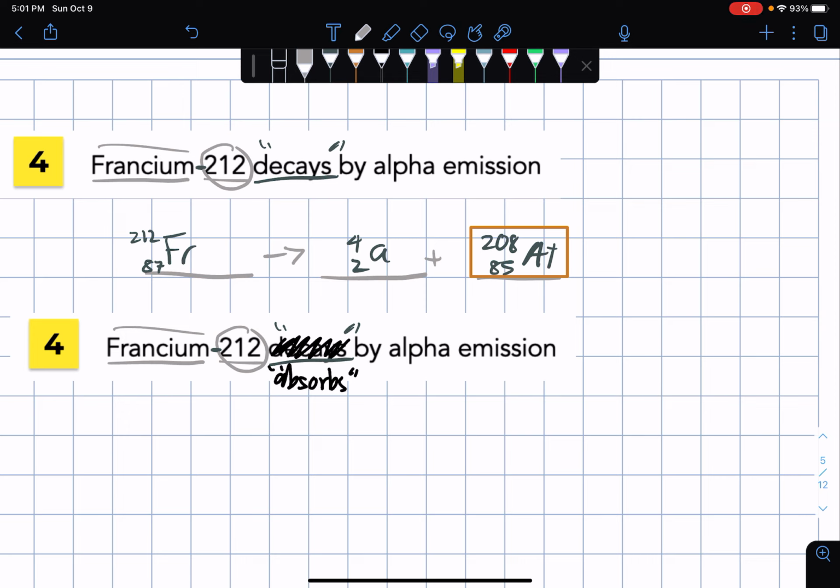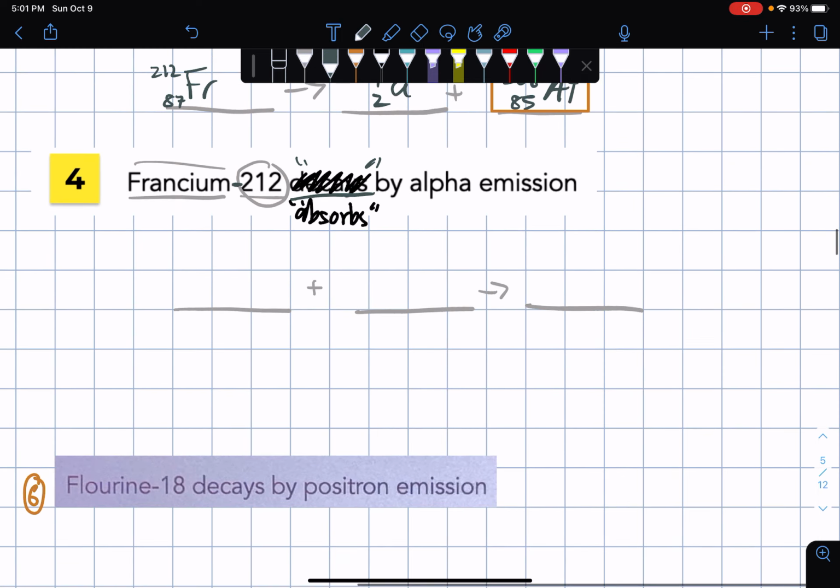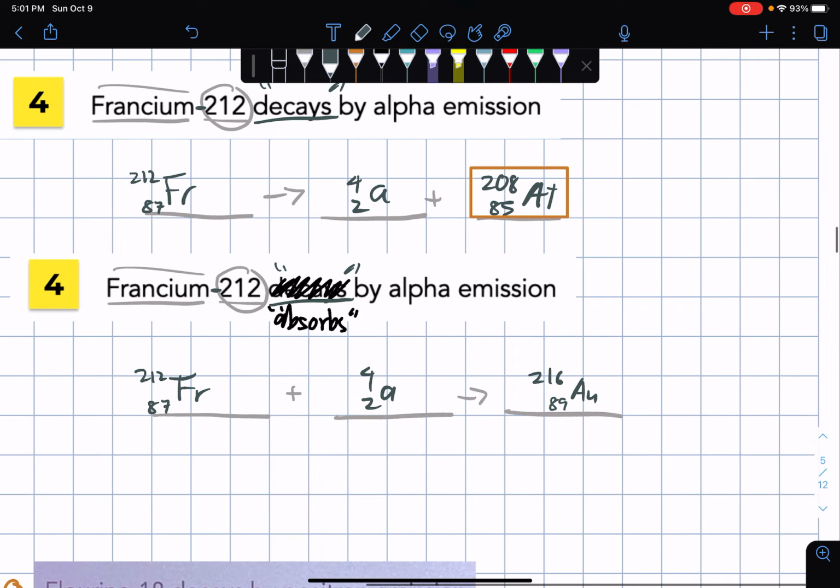The nuclear equation template would look like this, in the sense that francium would be here, same 212 atomic mass, 87 atomic number, and like this we get gold, or Au, aurum.